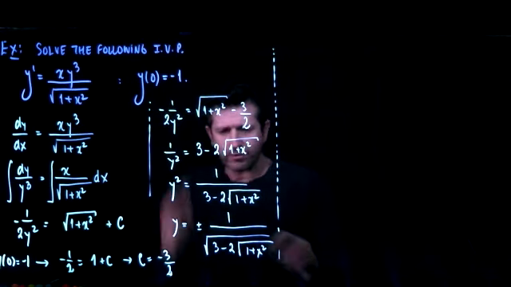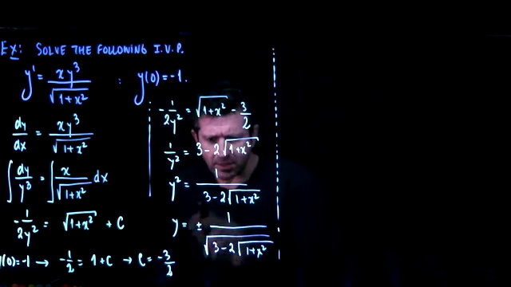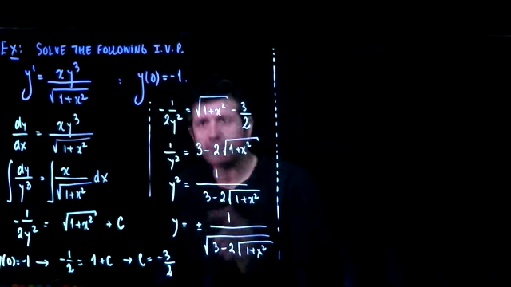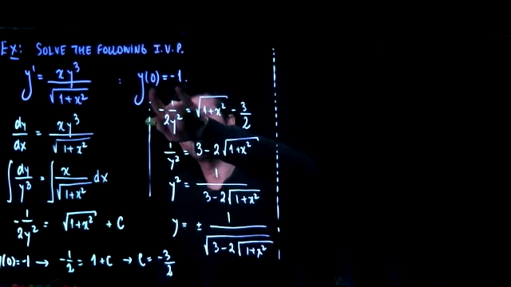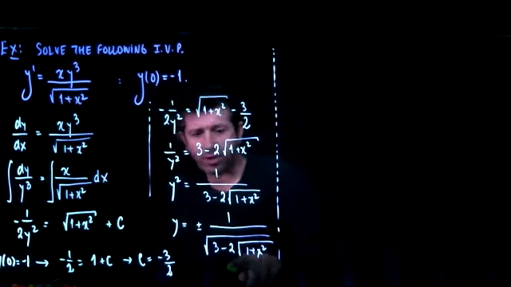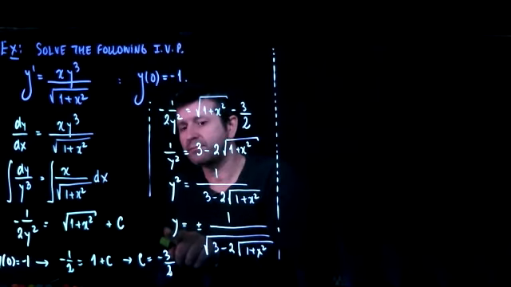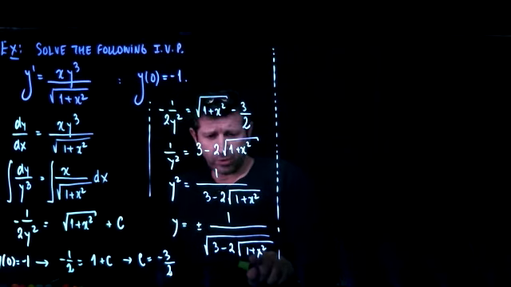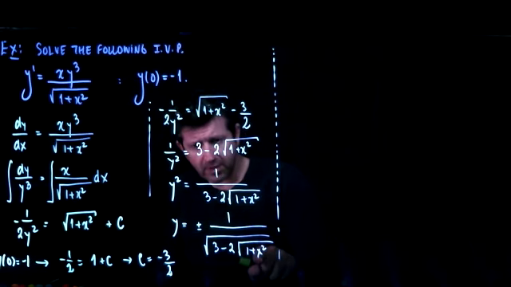So one thing here is, how do I know, do I choose the plus or the minus or both? Well, let's go back to my boundary condition. Let's plug in x equals 0, and we should get -1. The y should be -1. So if I plug in 0 here, I get 2 times 1 is 2, 3 minus 2 is 1, so 1 over 1, I get 1.